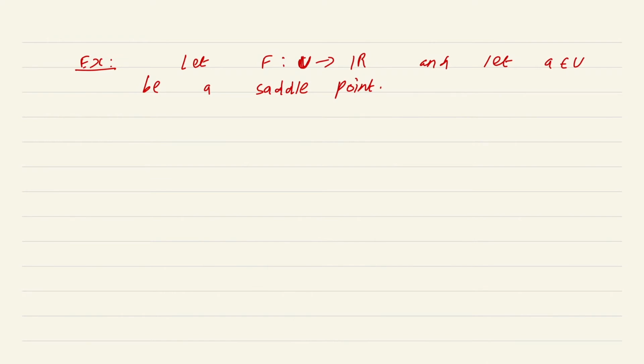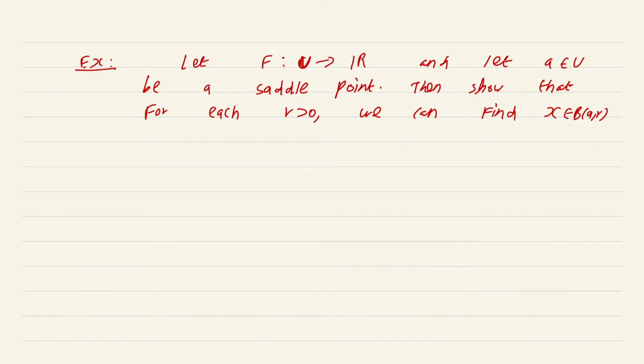Then show that for each r greater than 0, we can find x, y in B(A, r) such that f of x is less than f of A is less than f of y.